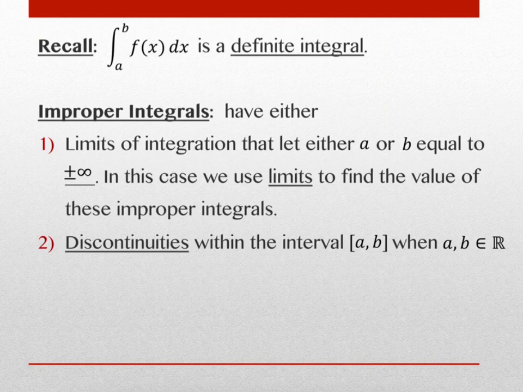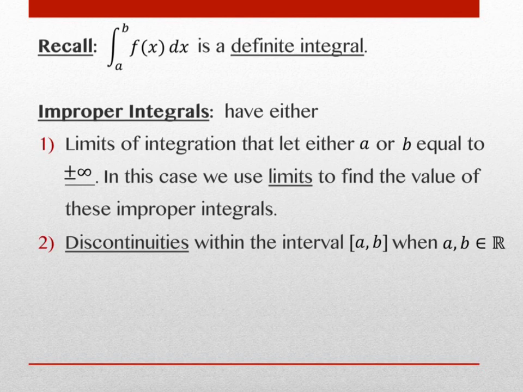So what I want you to first recall is that when we have an integral from a to b of f of x dx, we call this a definite integral. Now, this section is supposed to be talking about improper integrals, so what is the difference? Well, improper integrals either have, one, limits of integration where the a or the b actually says infinity or negative infinity.